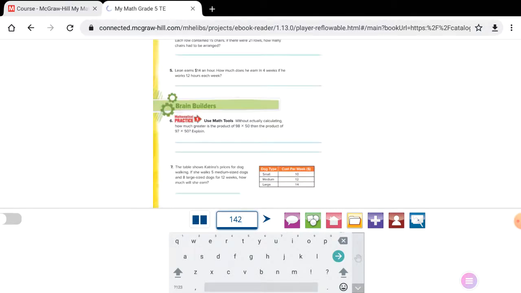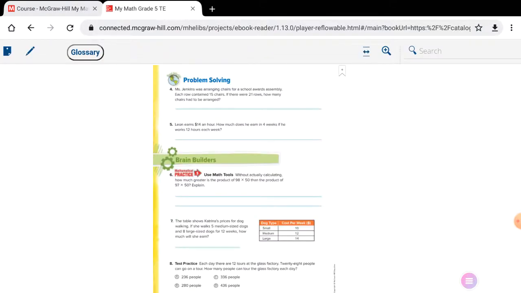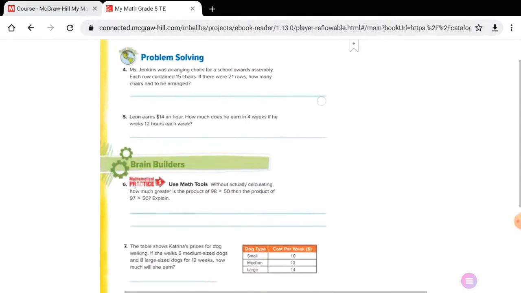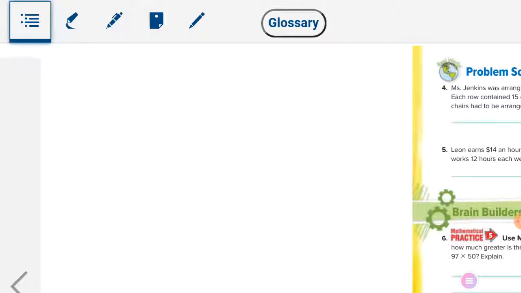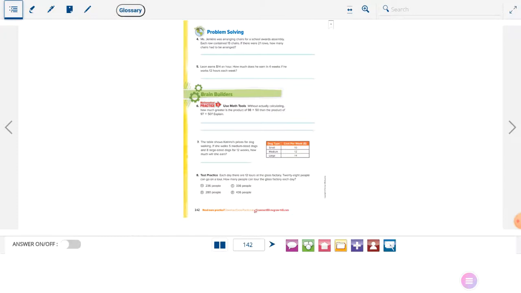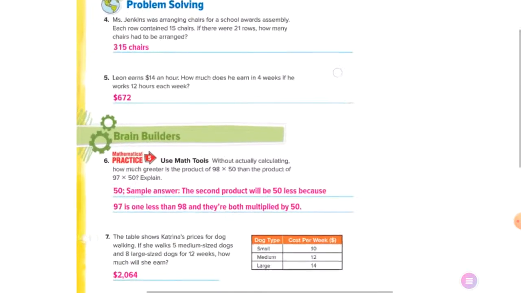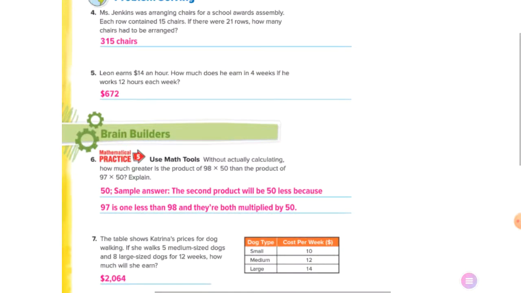Because it had multiple steps. Number 5. And there's different ways you could have gotten to the same answer, okay? First, I'm going to turn on the answers just to see. Final answer is 672. So if you got 672, you did it correctly, okay?